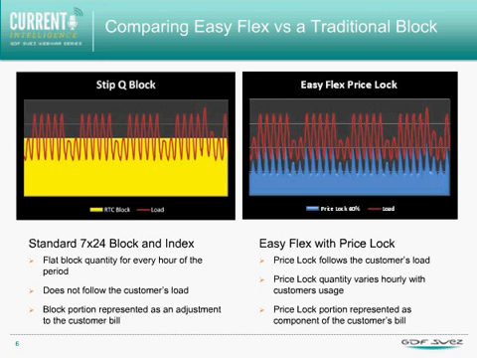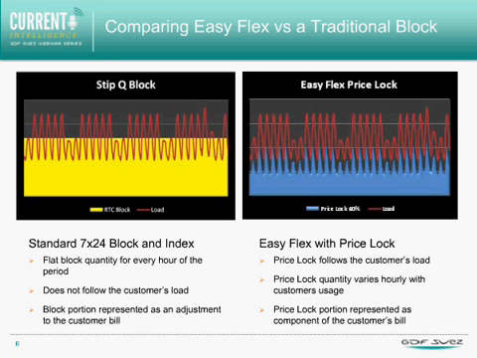And if you're familiar with the structure on the back end when it comes to billing, there is a settlement mechanism reflected on the bills to show settlements, offsets of the block quantity versus the actual load. To contrast that with the EasyFlex structure, price locks are a true percentage of the customer's actual load.